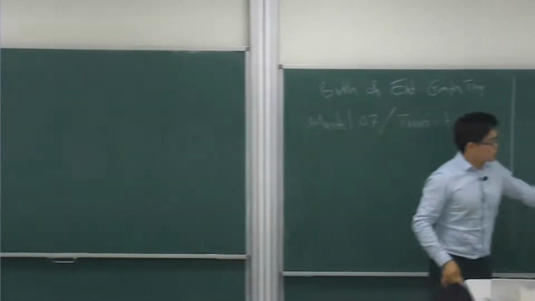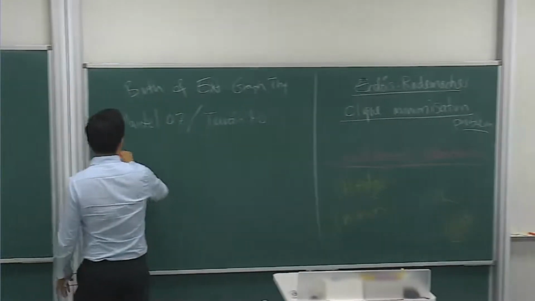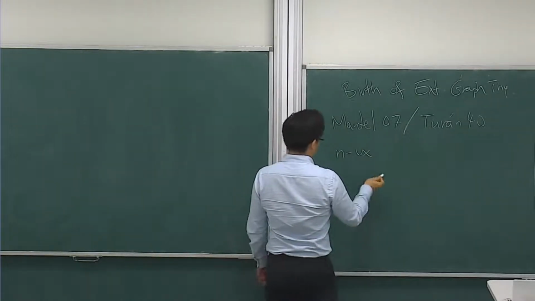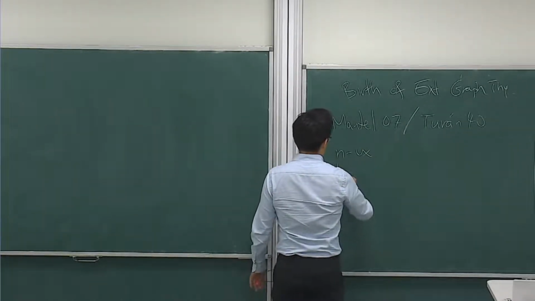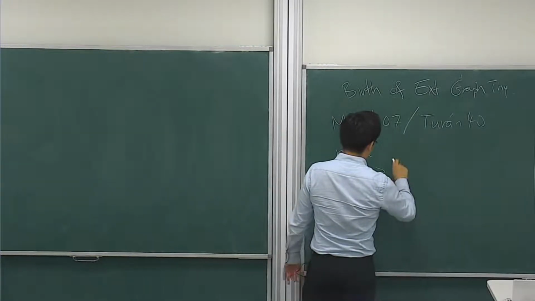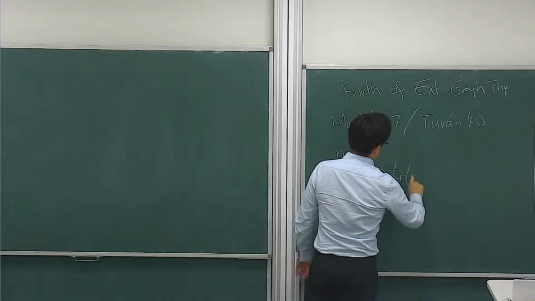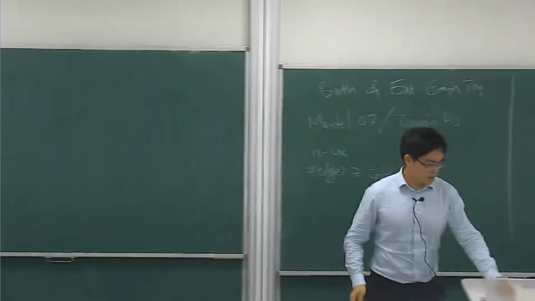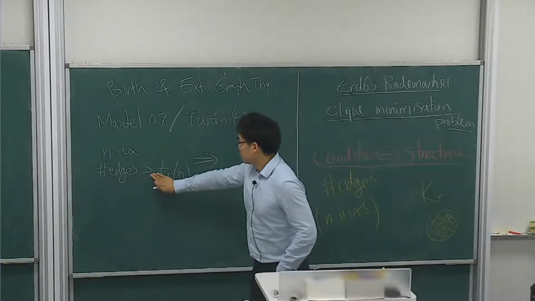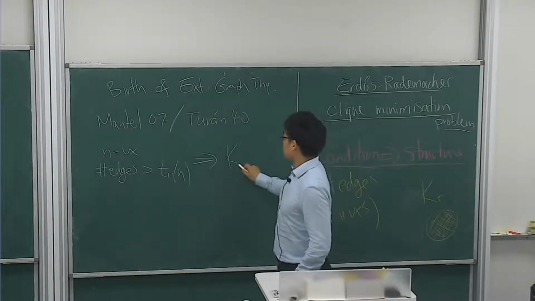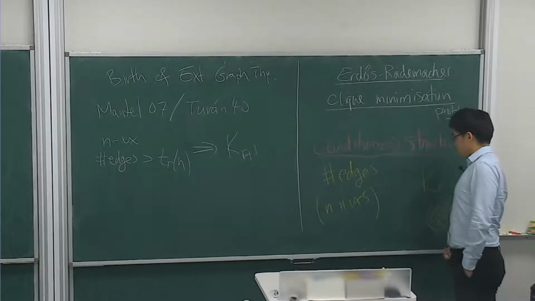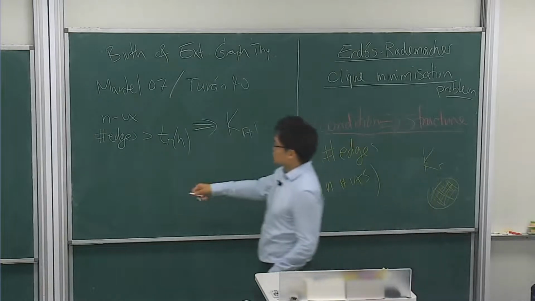Basically, if I phrase it this way, if you have an n vertex graph, and if your number of edges is strictly bigger than the so-called Turán number of edges, I will explain in a second and remind everyone, then we will start to see the substructure that we would like to see.